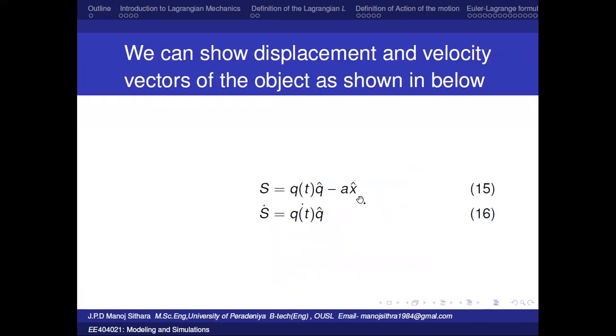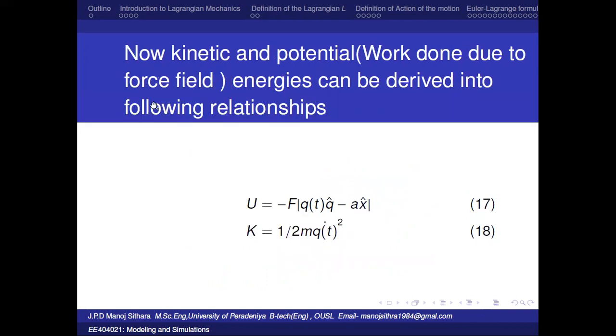And now we can work out the kinetic energy and the potential energy. For potential energy, consider work done. Work done is nothing but the magnitude of the force times the displacement, right?